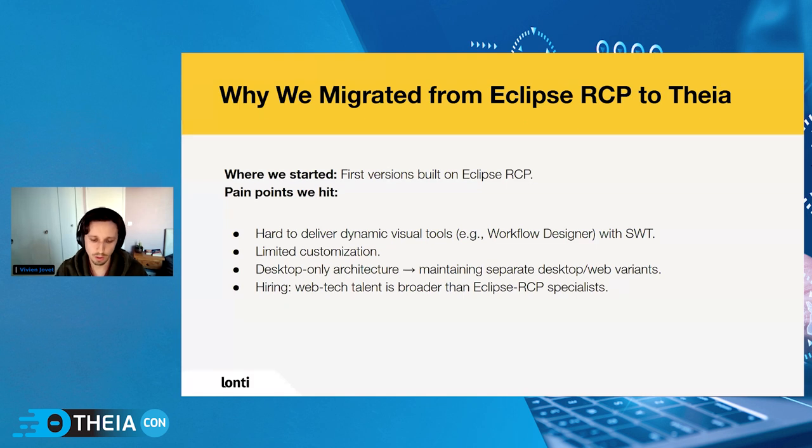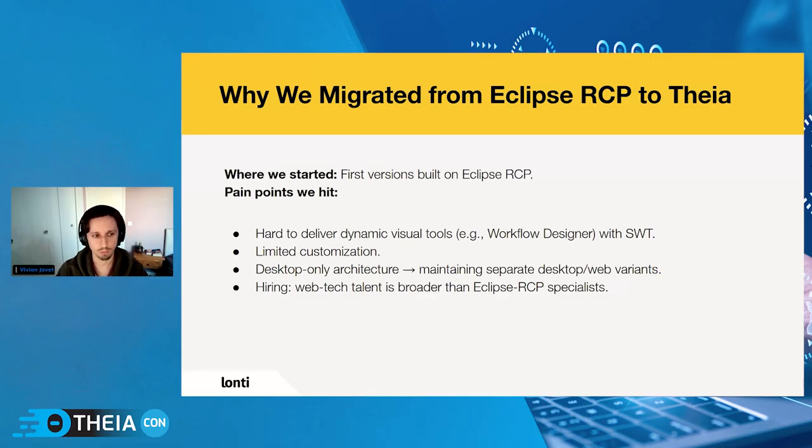Originally, when we started developing Martini Designer, we did it with Eclipse RCP because it was our best option at the time. We developed it for a few years and went quite far with it, but along the way, we hit some pain points that made us look for another solution. So we decided to put that version in maintenance mode and look for something else.